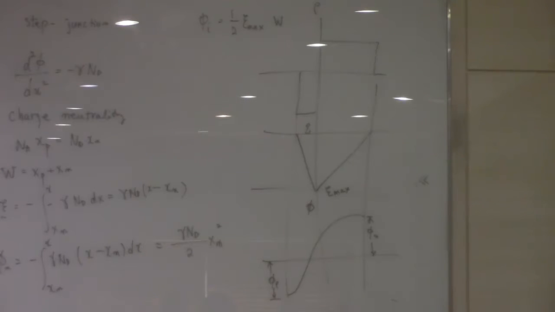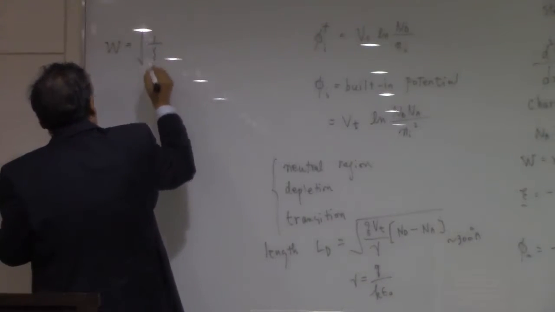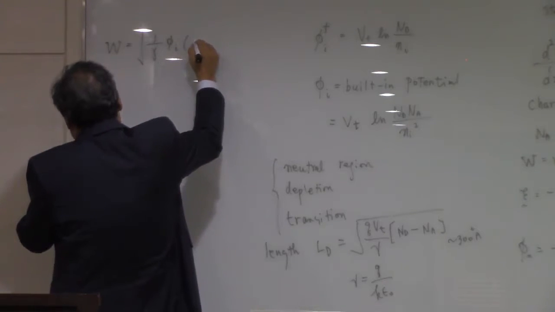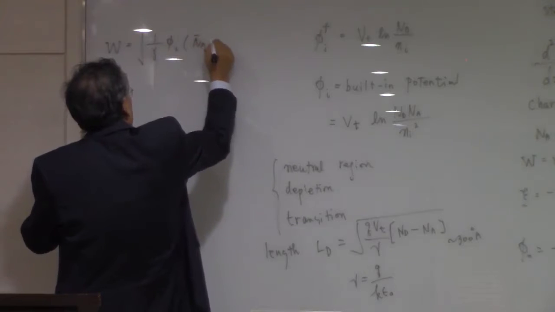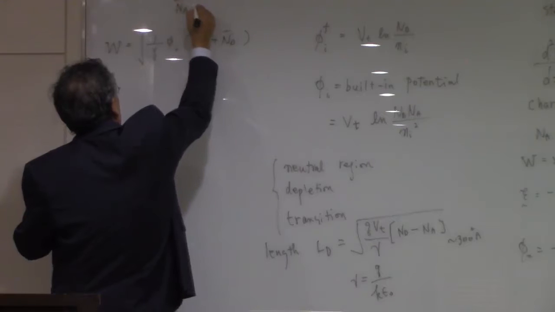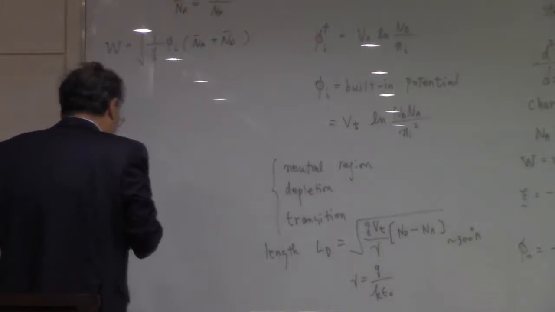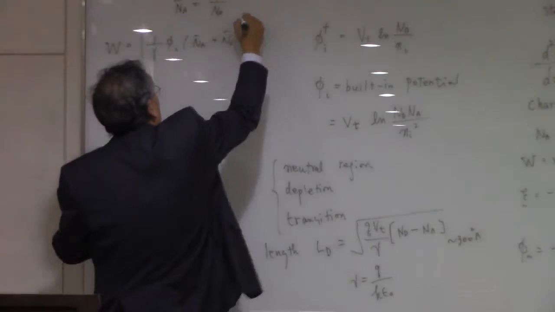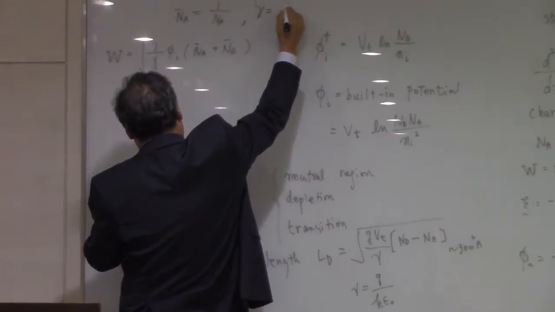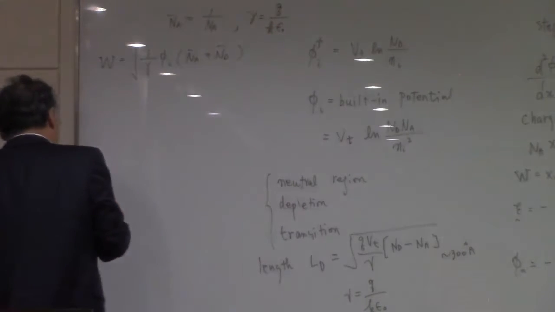And the depletion width on both sides can be written as the square root of 2 over gamma, with 1 over Na plus 1 over Nd, and gamma again is Q over K epsilon.